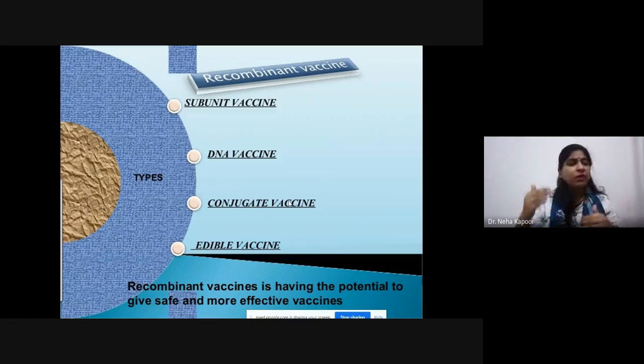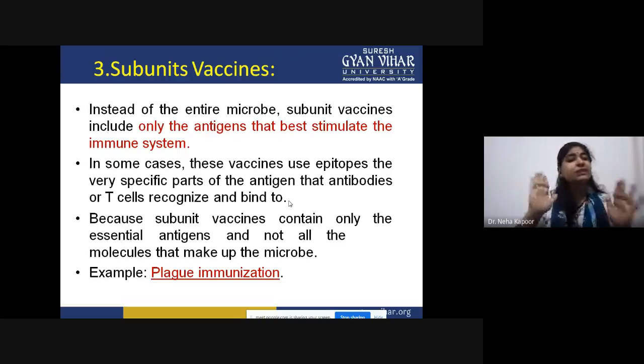Talking about the other types, recombinant vaccines, there are many types: subunit, DNA, conjugate, and edible. Recombinant vaccines are considered to be safer and more effective vaccines, of which the first is the subunit vaccine. In a subunit vaccine, instead of the entire microbe, only the antigenic determinant that can best stimulate the immune system of the body is used to prepare the vaccine.